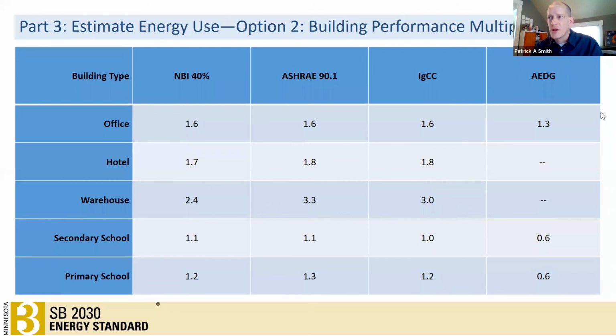This is in part because they're lower energy use intensity. I know some of you are likely thinking, well, what if I've got a building type that is not on this list? That's one that we need to discuss and see if there's a multiplier that's reasonable to apply in that case. Liz noted the ASHRAE Advanced Energy Design Guide site in the chat if folks want to see what that looks like.